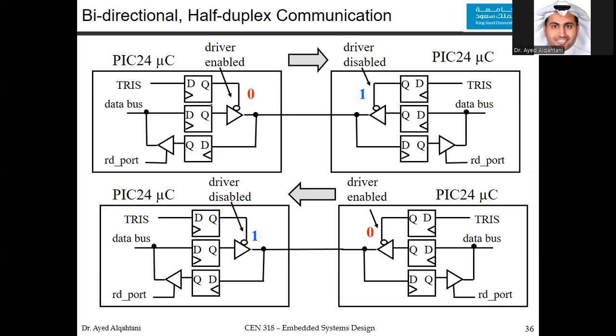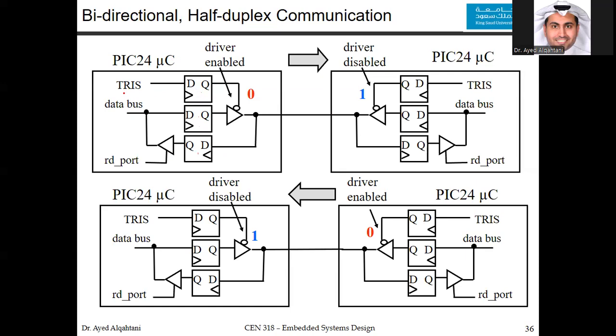Inside the microcontroller, you will have different flip-flops, as you can see here. We have 3 flip-flops. One critical flip-flop is the TRIS flip-flop. It has the value that you program in the code. You say TRIS A is equal to 0 or 1. It will be stored in here.